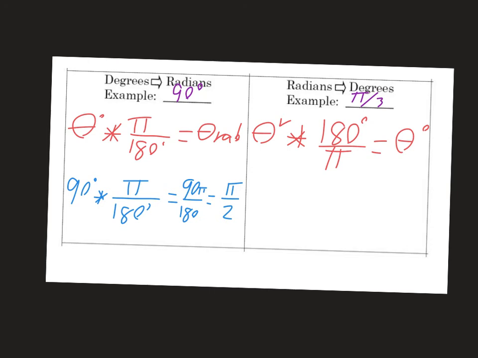So pi over 3, we're going to multiply that by 180 over pi. Pi cancels out, leaves us with 180 degrees over 3, which simplifies down to 60 degrees.